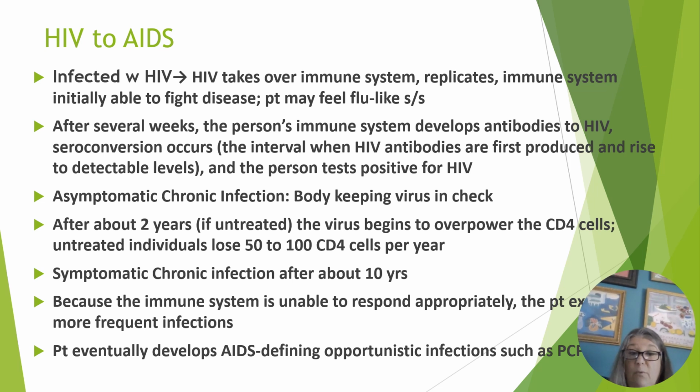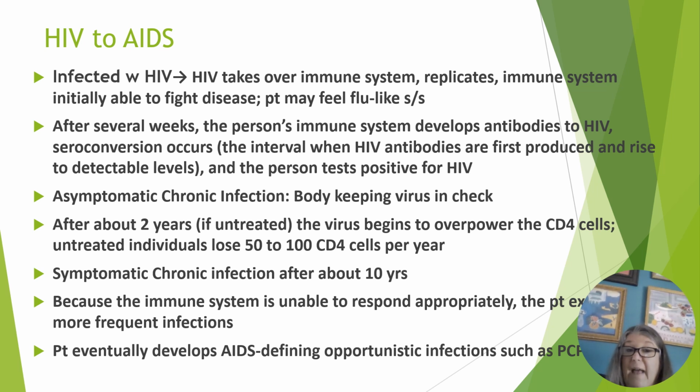Once the HIV is in the cell, viral RNA is changed to viral DNA. Remember the whole reverse transcriptase thing? Using the enzyme reverse transcriptase, the viral DNA is then integrated with the CD4 lymphocyte cellular DNA in the lymphocyte's nucleus. So the HIV gets into that CD4 cell and becomes part of the DNA.